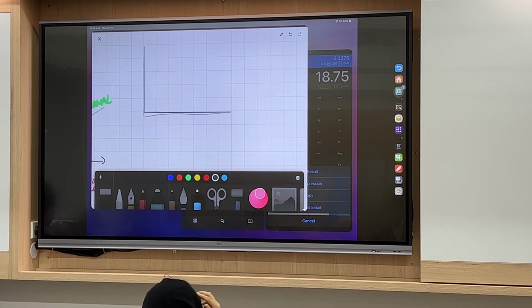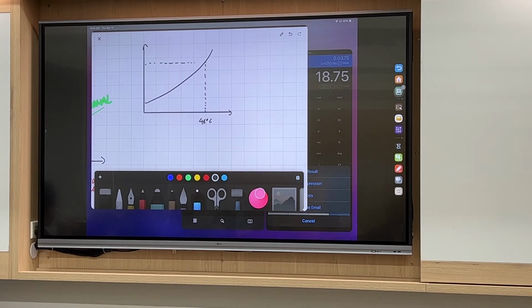When you read this value, you need to find 48 degrees C from the x value. Can anyone tell me what is the solubility that you read off the y-axis when you extend a line from 48 degrees upwards to the curve? Yes, what is it? 80, yes, 80. So this is 80 gram.